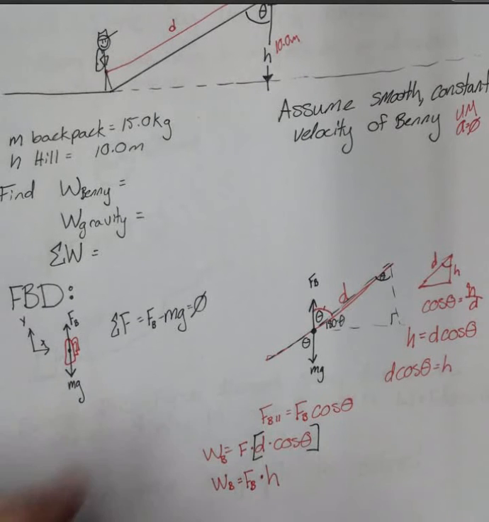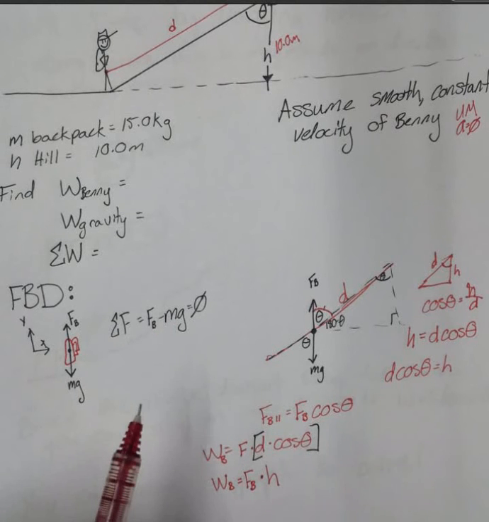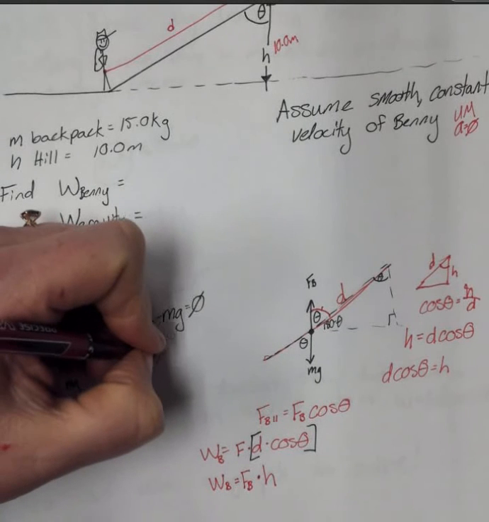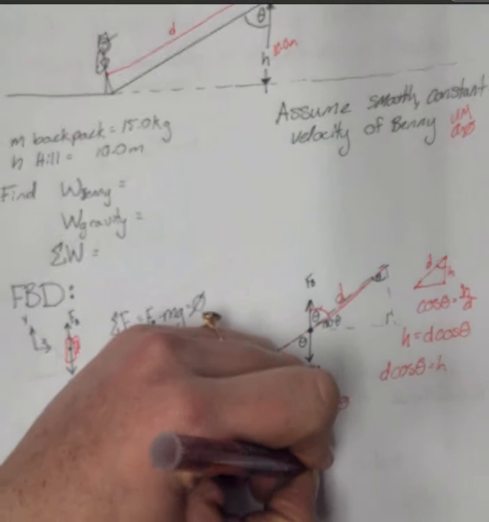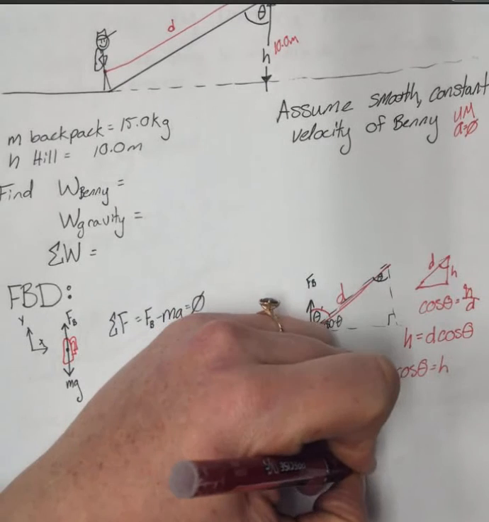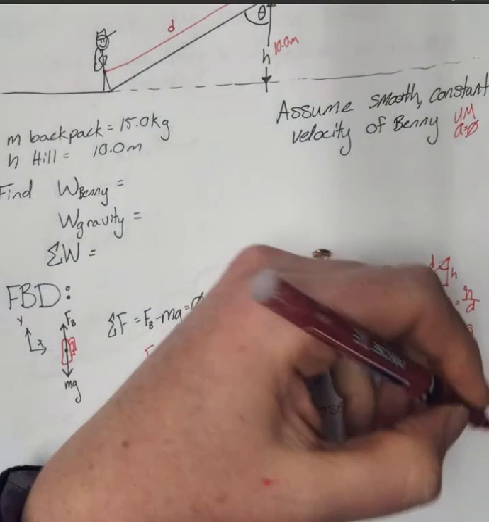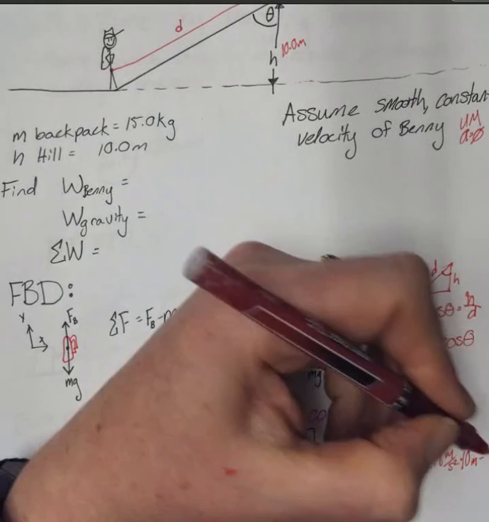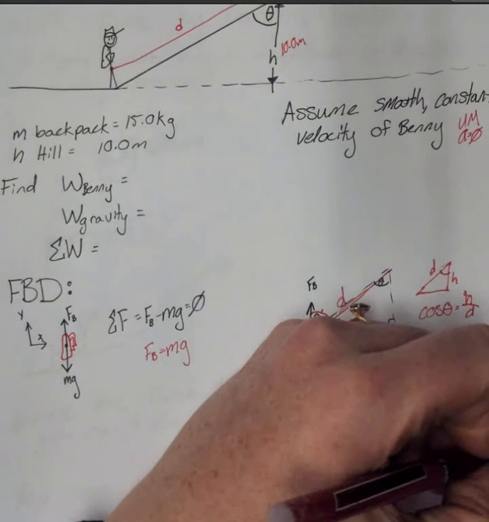Now I need to think. In my free body diagram, I said that the force that Benny applied and the weight of the backpack are equal and opposite. So that means that F_B equals mg. So that means that the work that Benny did equals the weight of the backpack times the height, or 15 kilograms times 9.8 meters per second squared times 10 meters, or the work that Benny did is equal to 1,470 joules.